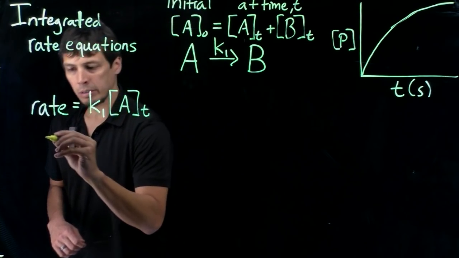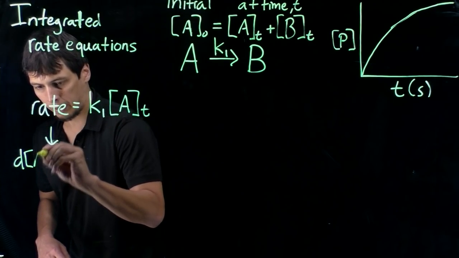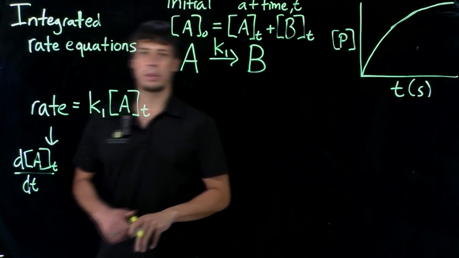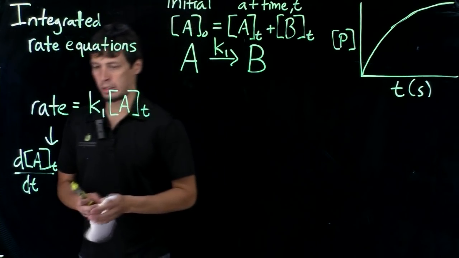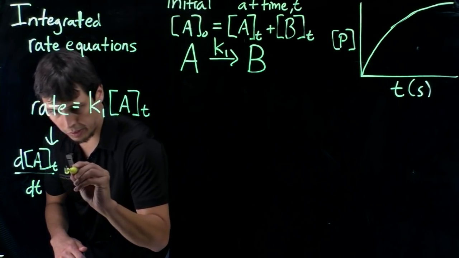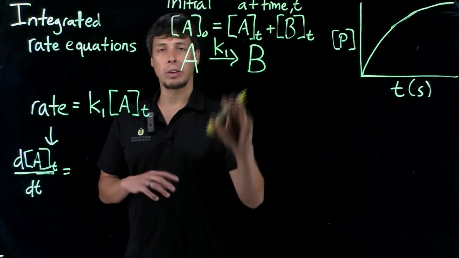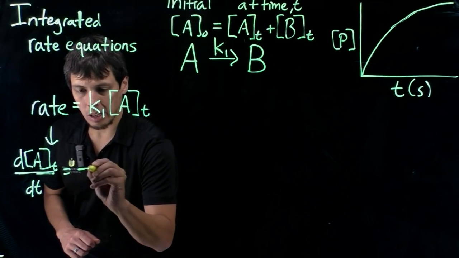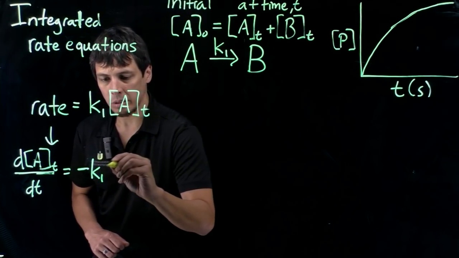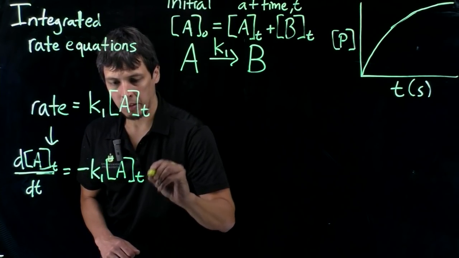If we define the rate as the consumption of A over time t, then we have to look at the equation and note that over time, A is going to be lost and converted into B. So we need to give this a sign. The equation actually becomes dA/dt equals negative k1 times A at any given t.